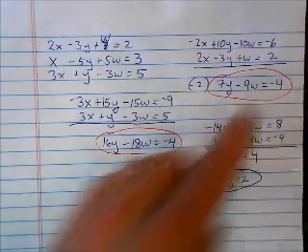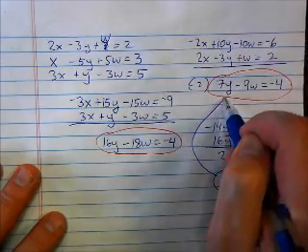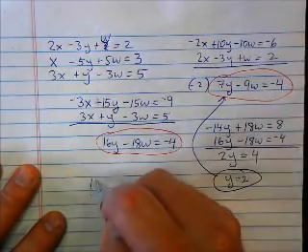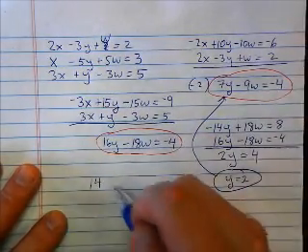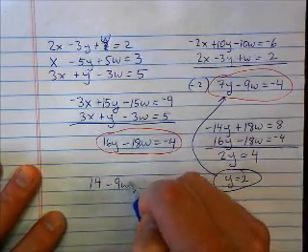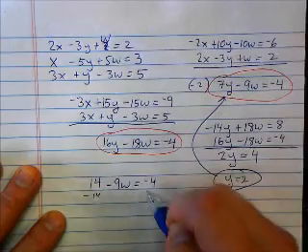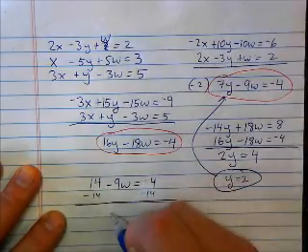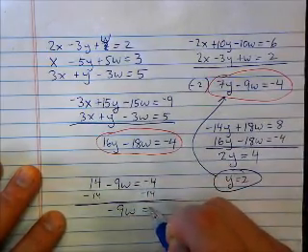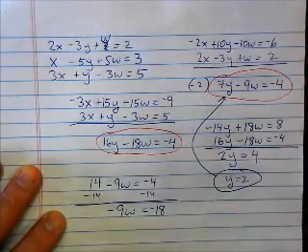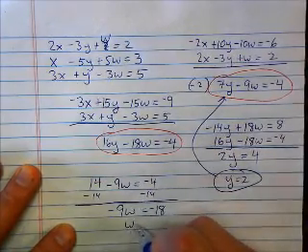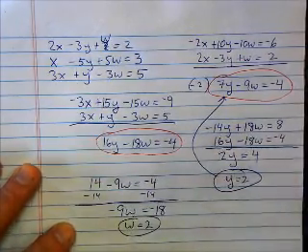That's the one I would use. So I plug into there. That gives me 14 minus 9w equals -4. Subtract 14 on both sides. Minus 9w is minus 18. Divide. W is also the number 2.